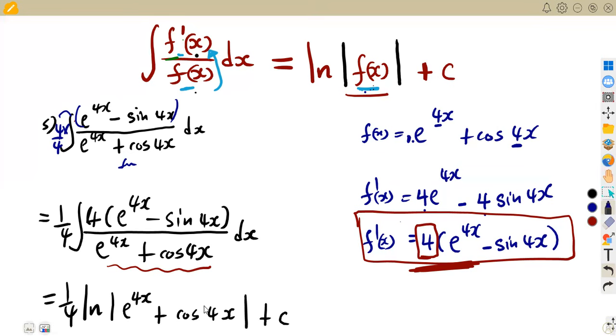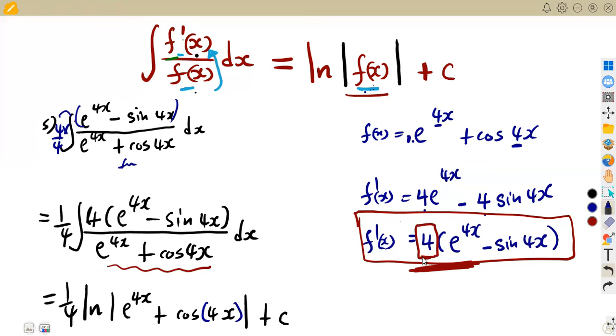All right, so that is the whole idea of this logarithmic part that we are dealing with in our integration. We have to make the denominator such that its derivative corresponds to the numerator. Its derivative must be exactly the same as what you have in the numerator.